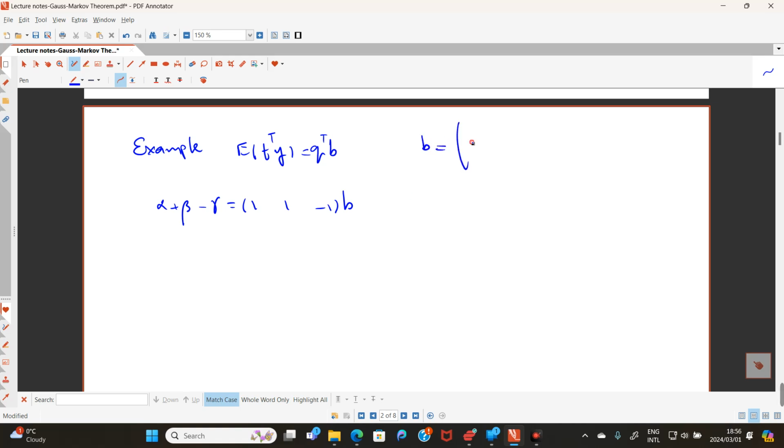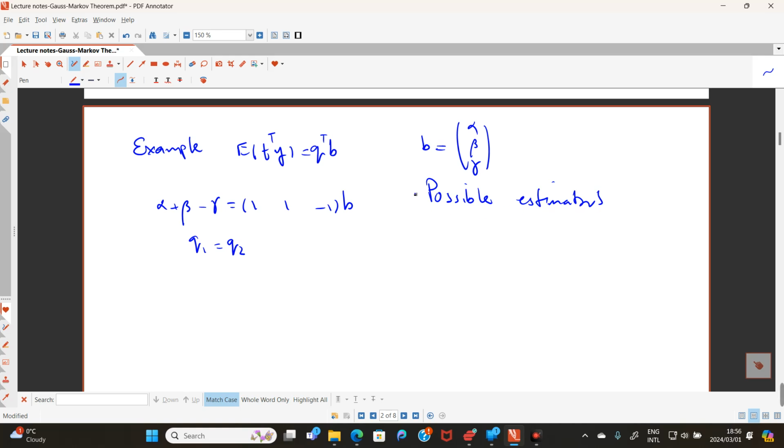Suppose your b is alpha beta gamma, as I wrote already, and we must conclude that q1 is equal to q2 according to the previous result, and in any case that q1 is equal to q2, you have an estimable function.